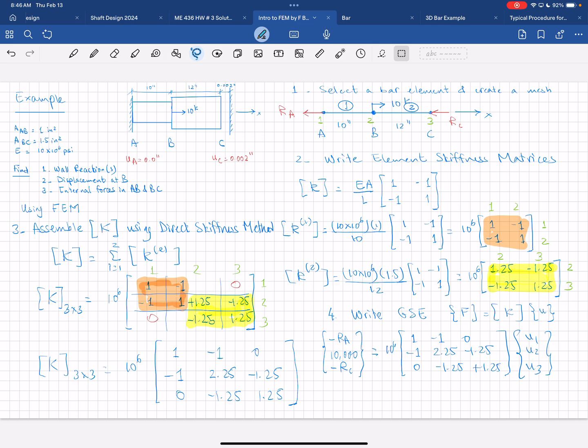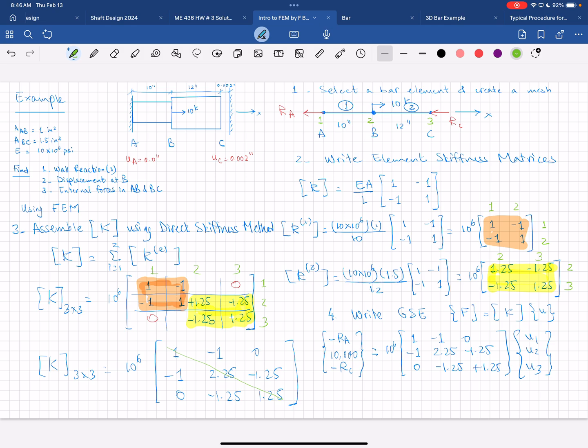And I want you to notice that the stiffness matrix is a square symmetric matrix about the major diagonal. The major diagonal is all positive. And you can see here the symmetry: a minus 1, a minus 1, 0, 0, minus 1.25, minus 1.25.